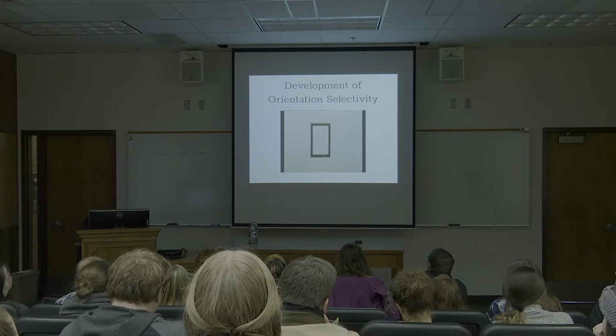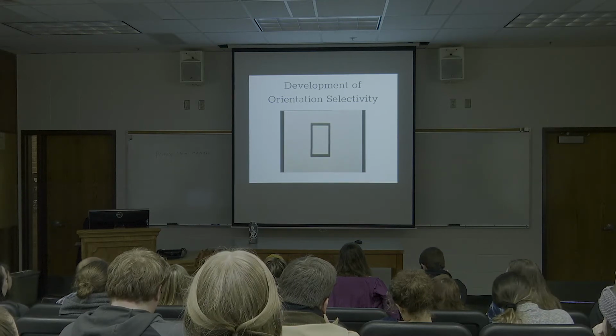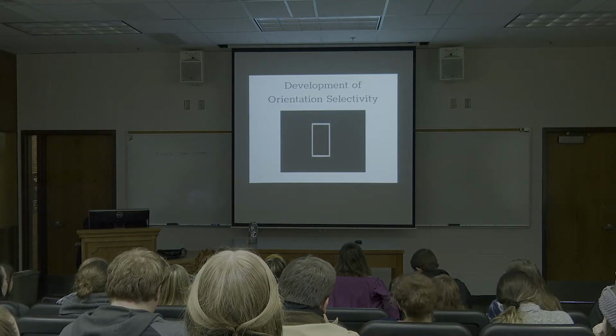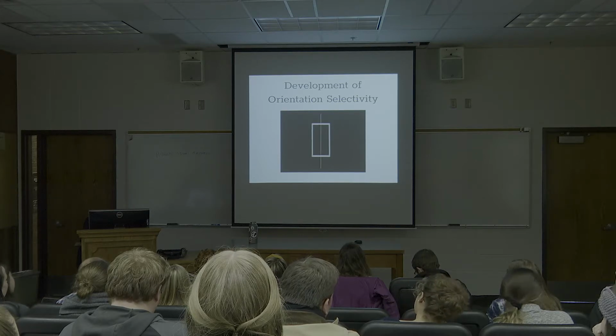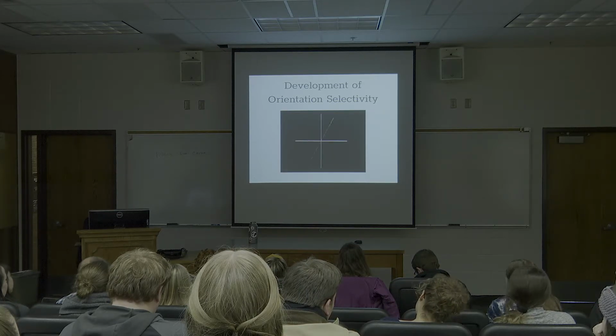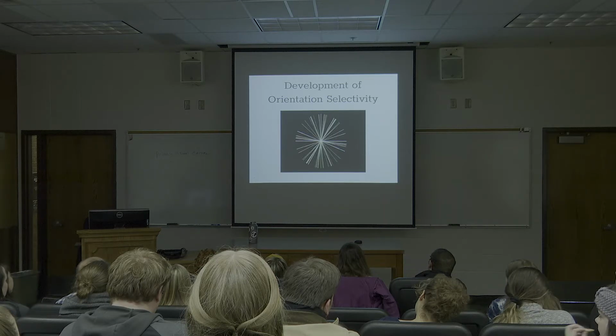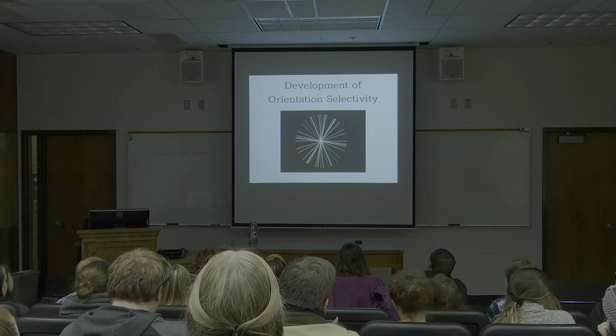The results from such experiments can be shown in a diagram. Each cell prefers a particular orientation. These lines represent all the orientations preferred by a sample of neurons from a single normal cat.